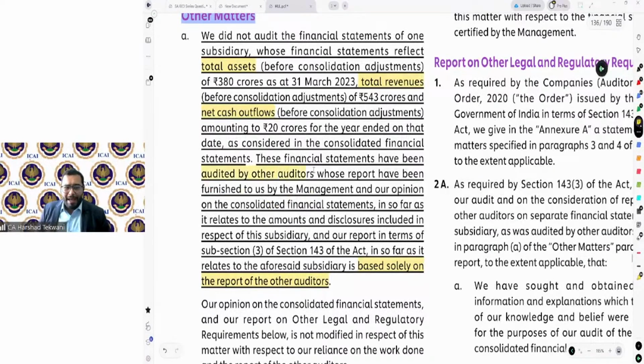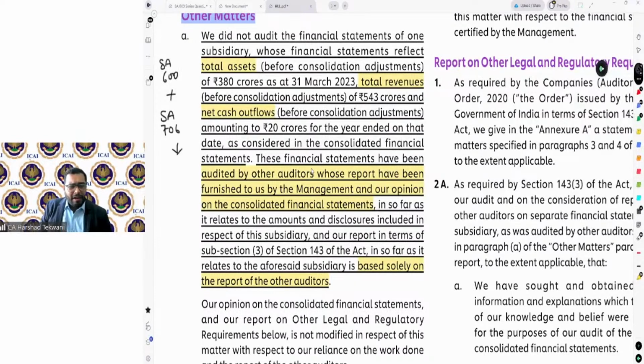These are audited by other auditors whose report has been furnished to us by the management, and our opinion on the consolidated financial statement relating to the numbers of this subsidiary is solely based on the report of other auditors. So this reporting is required to be done in your audit report. This is as per SA 600 plus SA 706.